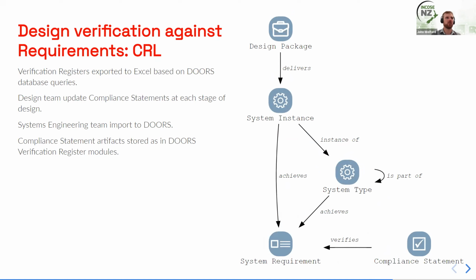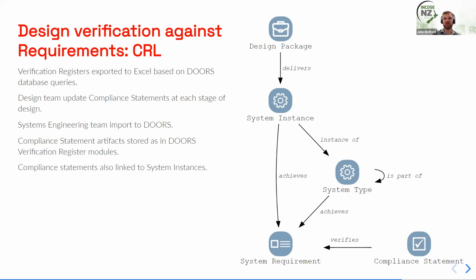Unfortunately, it's not quite as simple as this, because of the way that we've developed our model for CRL. We have potentially the same system requirement applying to multiple instances, or multiple instances and multiple packages.